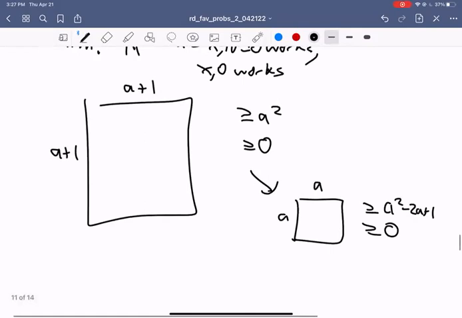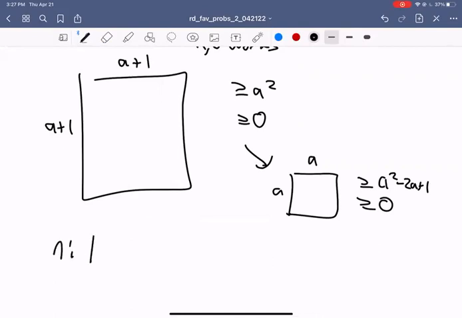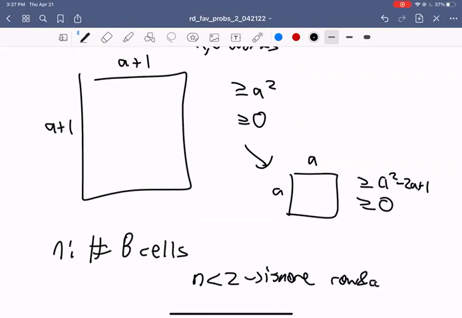So actually, I'm already using b for something. So let's say n is the number of bronze cells. Then if n is less than 2, we can just ignore its row and column and choose a longer diagonal.